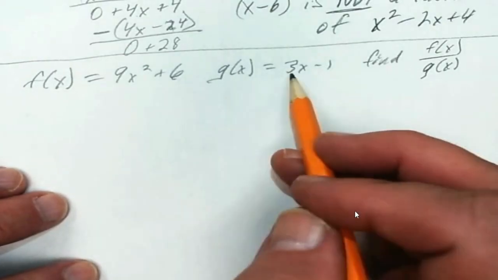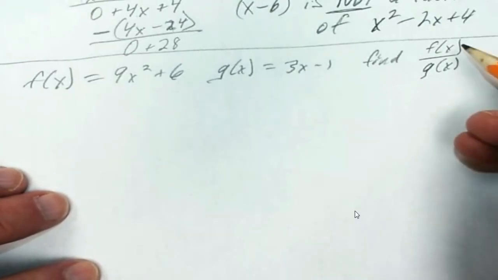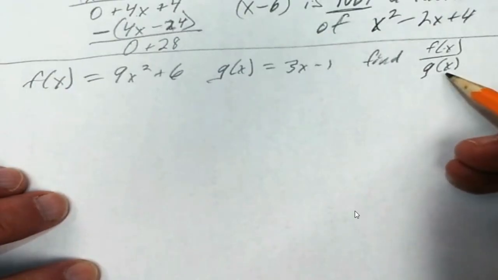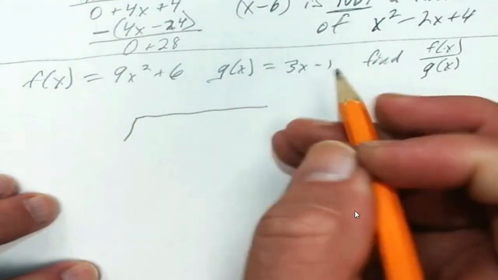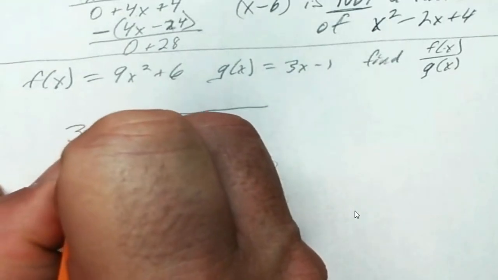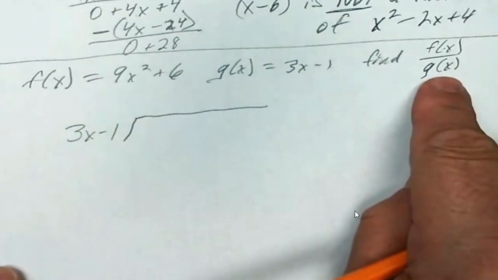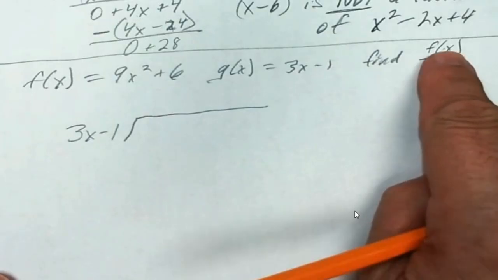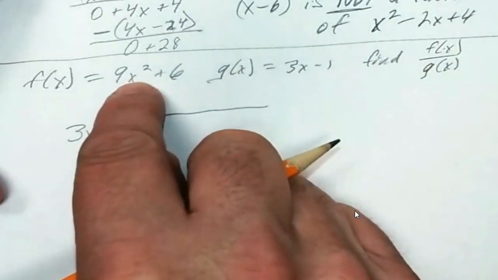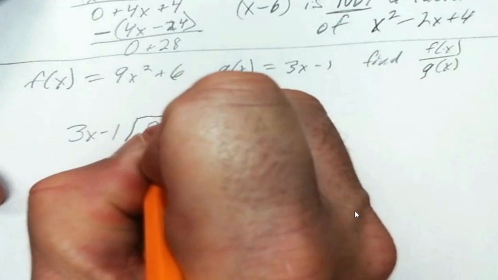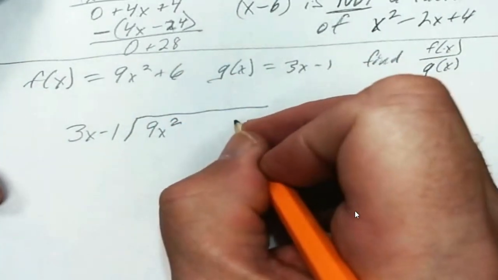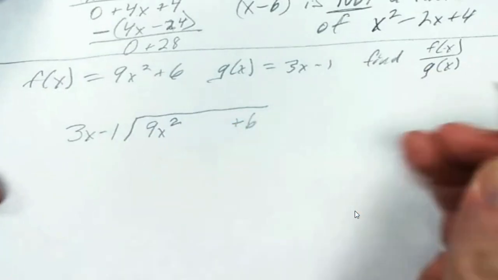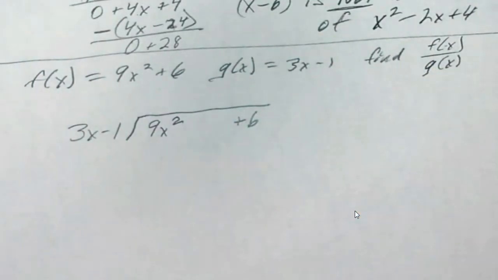We have g of x that equals 3x minus 1, and they want us to find f of x divided by g of x, which means when we set up the problem, we've got g of x out here because we're dividing it into f of x. But f of x is 9x squared plus 6.